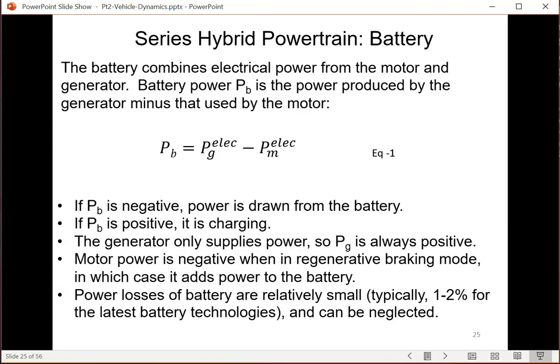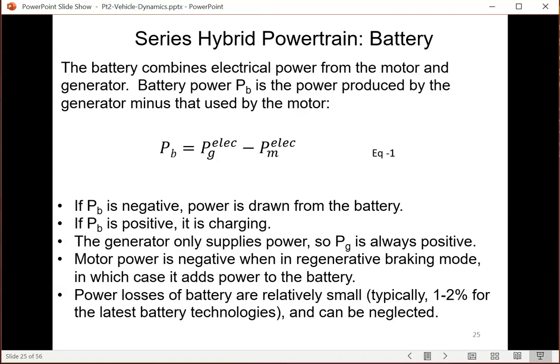If PB is positive, that means the motor is drawing less power from the system than the generator produces. Therefore, the rest of the difference is used to charge the battery. Okay? PG cannot be negative because PG is how much energy is produced from the generator that is driven by the engine. But the motor power can be negative.